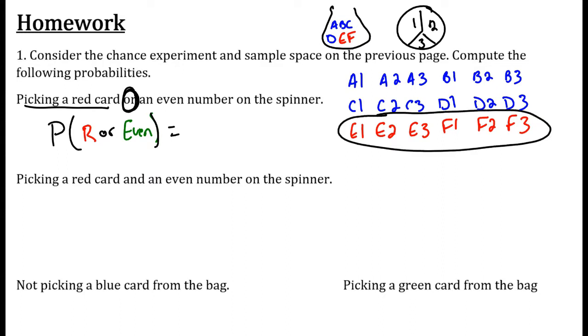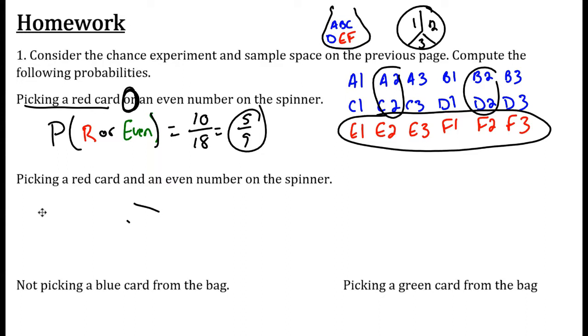That's 6. Evens adds on those two and those two because those have even numbers. Or I could pick a red one. So that's 6, 7, 8, 9, 10 out of 18, which is a probability of 5/9. A little bit more than a half.